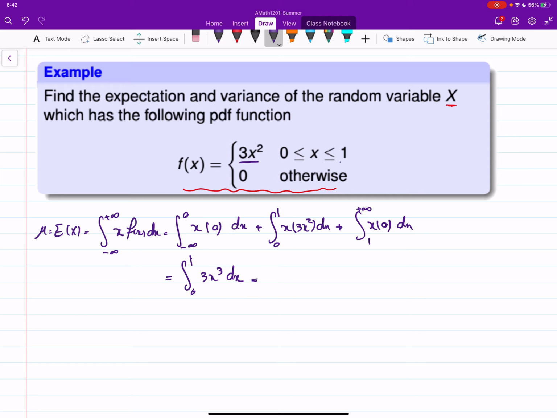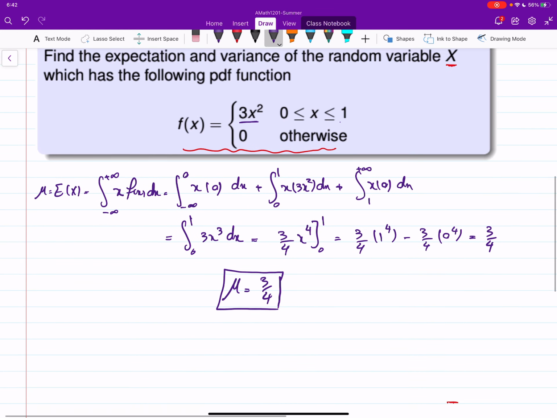By the fundamental theorem of calculus, that is 3 over 4 times 1 to the power 4 minus 3 over 4 times 0 to the power 4, which gives me 3 over 4. So the mean, expectation or expected value of this random variable is 3 over 4.